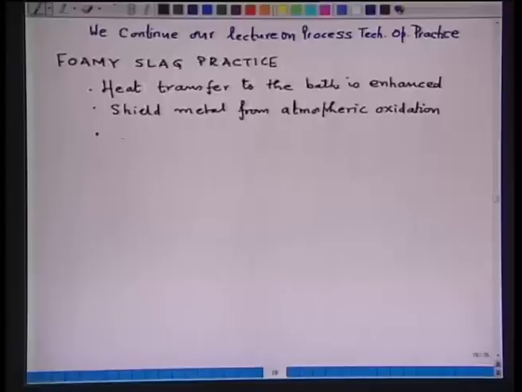Third advantage is that it shields arc from exposure to the lining. Now, you can imagine, in the absence of a foaming slag, the arc which is created by striking graphite electrode with the scrap, the arc will be radiating its heat directly to the wall.